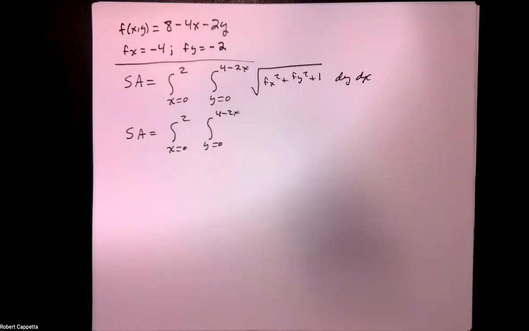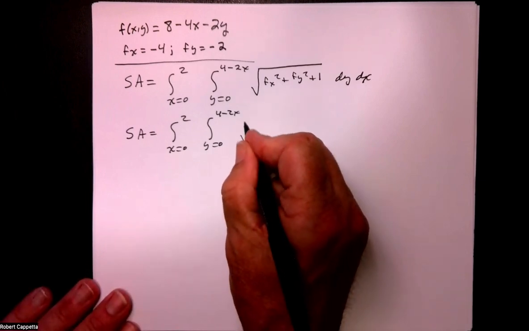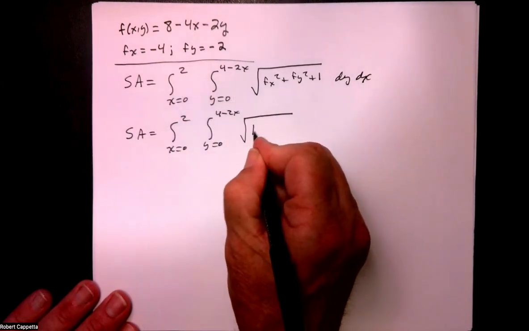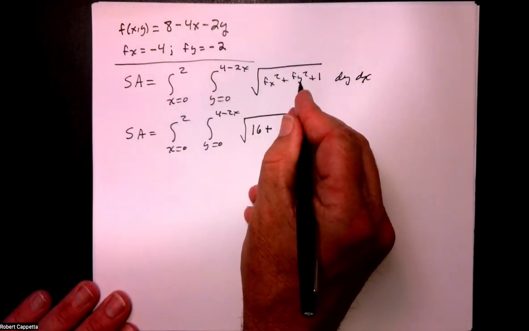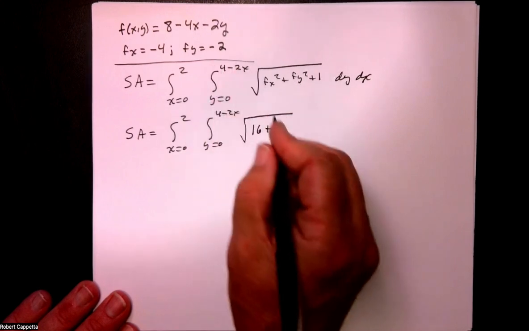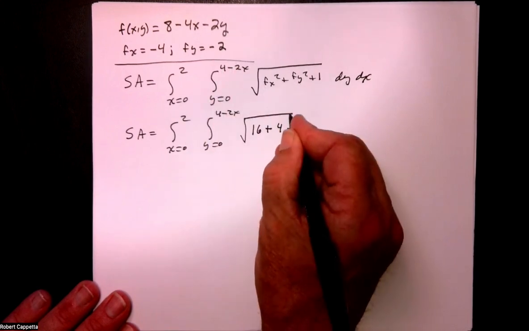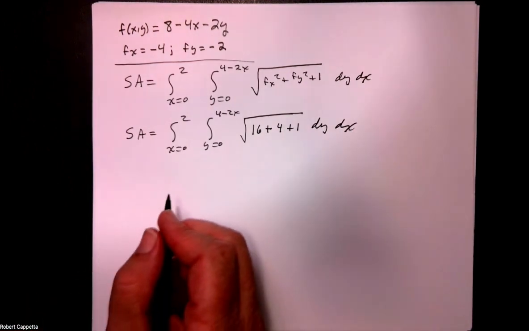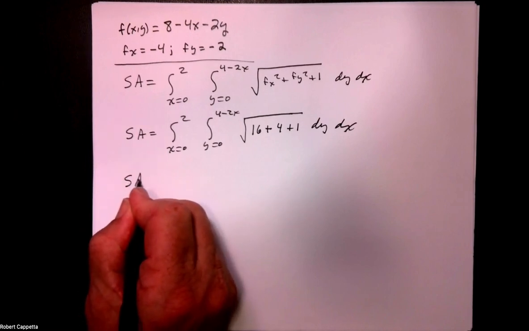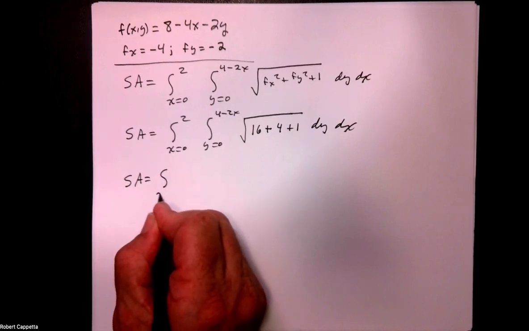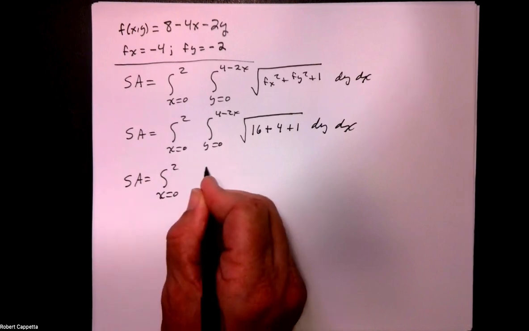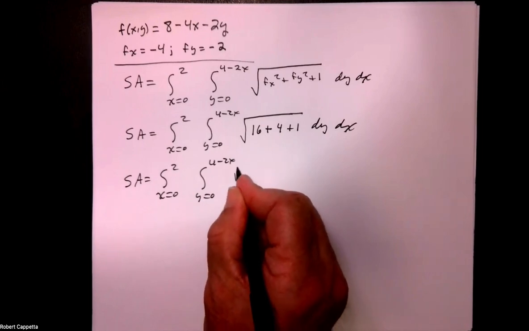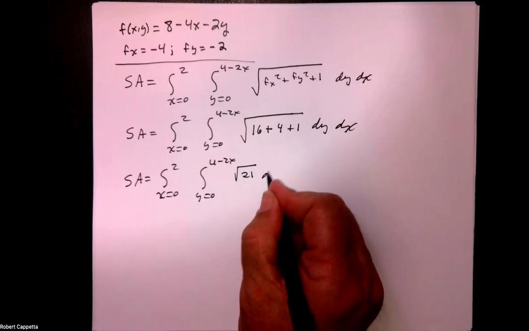So here's the information we have. I need the square root of f sub x squared. Well, f sub x is negative 4. If I square that, I get 16. F sub y squared, f sub y is negative 2, squared is 4, plus 1, dy dx. So now my problem becomes SA, surface area, is x goes from 0 to 2, y goes from 0 to 4 minus 2x of the square root of 21 dy dx.